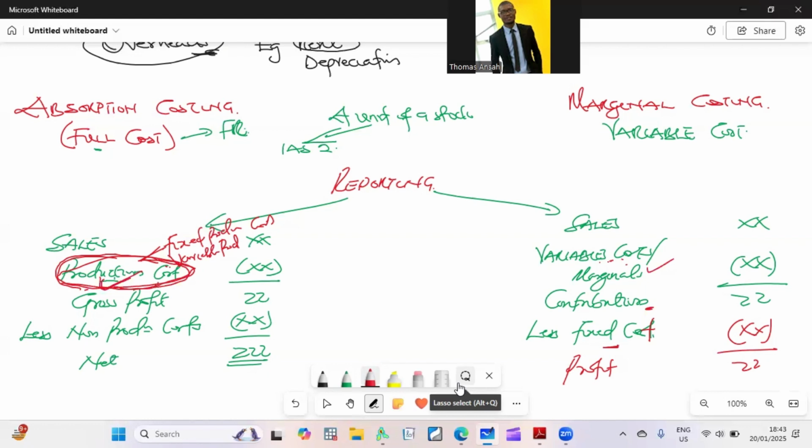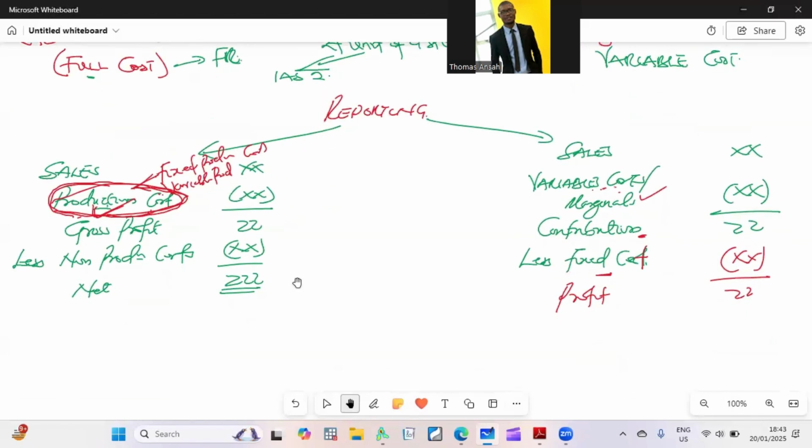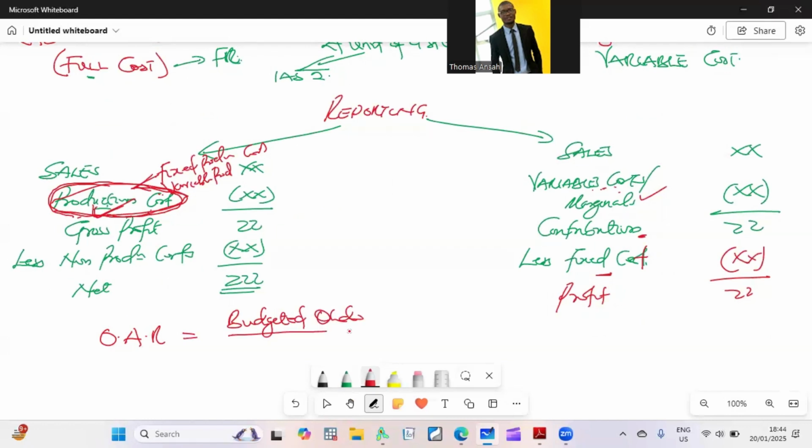All right. How you do overheads absorption, I think we've already done that in the overheads accounting. We said that if you want to know, we use the absorption rate, overheads absorption rate. I think you remember that. We have budgeted overheads. The formula is budgeted overheads, that's the total budgeted overhead over budgeted what?